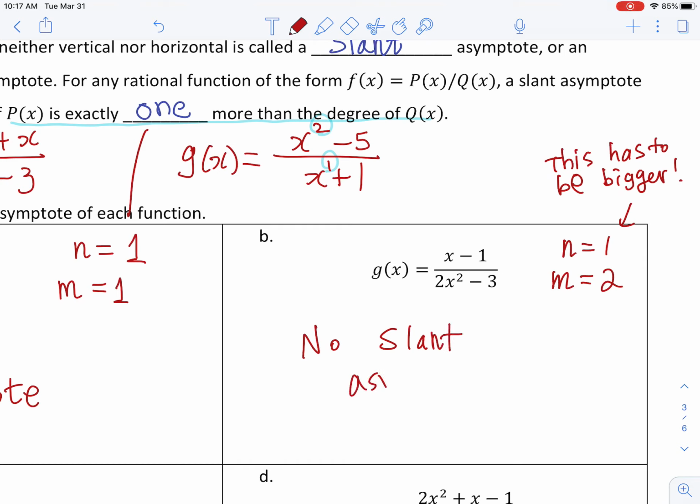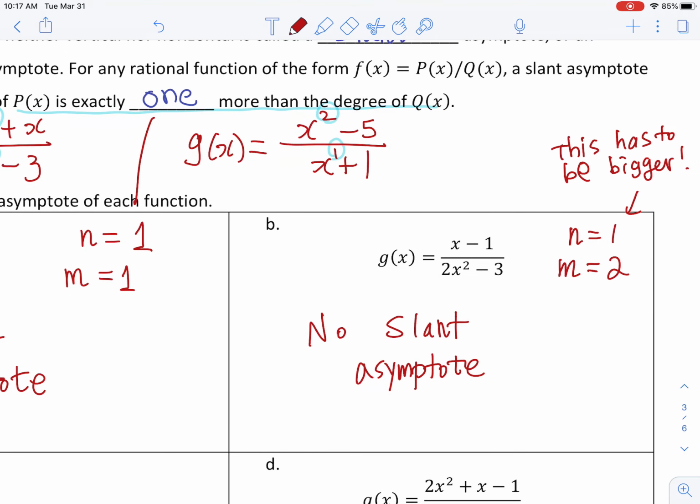So what will you say? This one has no slant asymptote. What kind of asymptote will it have, though? It's going to have a horizontal asymptote at y equals 0, right? Because the degree of the denominator is bigger.